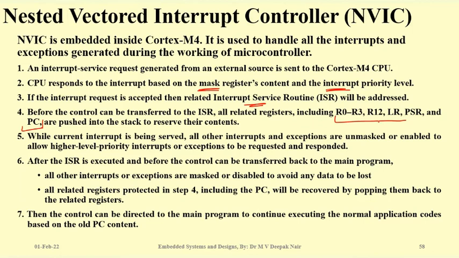For that, it stores some data in the stack, and then it will disallow all the lower interrupts and only allow higher interrupts if they come in future. It will execute the ISR, and after completing the ISR, it will again allow all the lower exceptions or interrupts. Apart from that, it will read all the data which were stored in the stack and then come back to the main program.